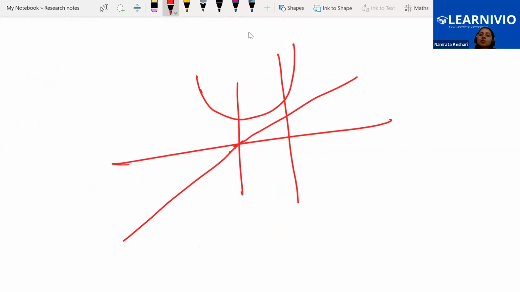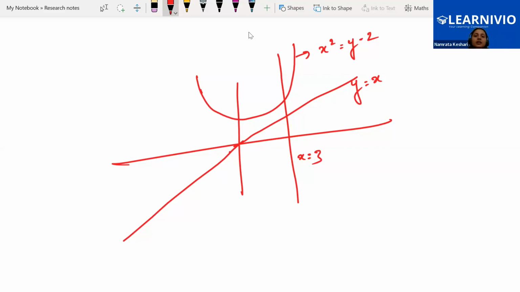Now, can you tell me what is the area bounded by the curves x equals 3, x square equals y minus 2, and y equals x? Area bounded. The word bounded means that from all sides it must be bounded.